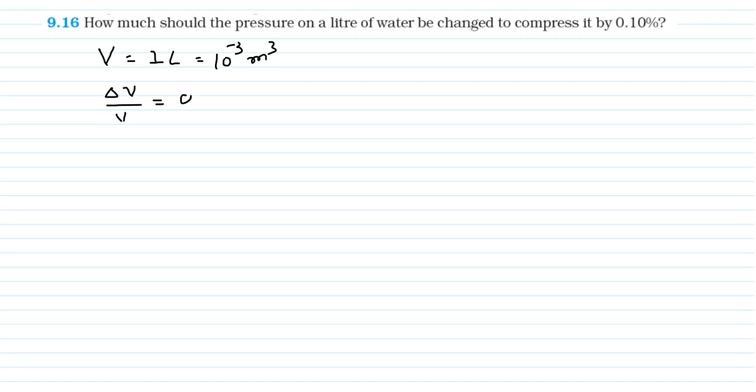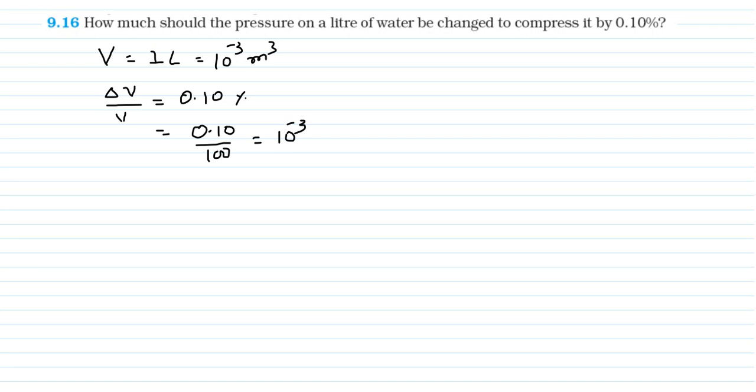What is the volume? That is 1 liter, that is 10 raised to minus 3 meter cube. Okay, that is the given delta V upon V, that is 0.10 percentage. That means you can say 0.10 upon 100, that is equal to 10 raised to minus 3. Once again unit नहीं होगा, delta V upon V है.